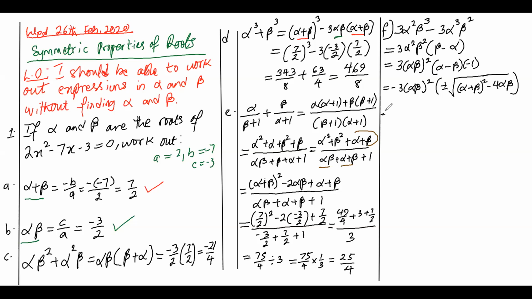Okay, so now you can substitute. Everything is now in terms of alpha plus beta and alpha beta. So you have -3 multiplying, what is alpha beta? -3/2 all squared.